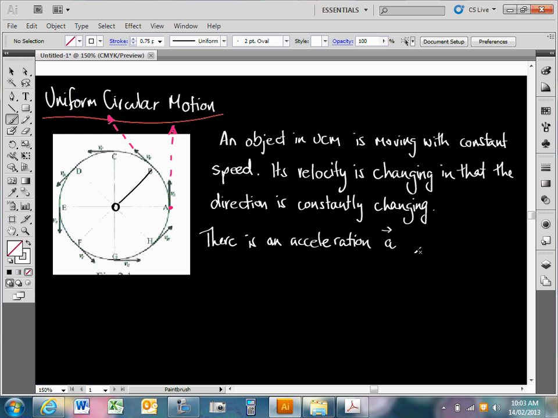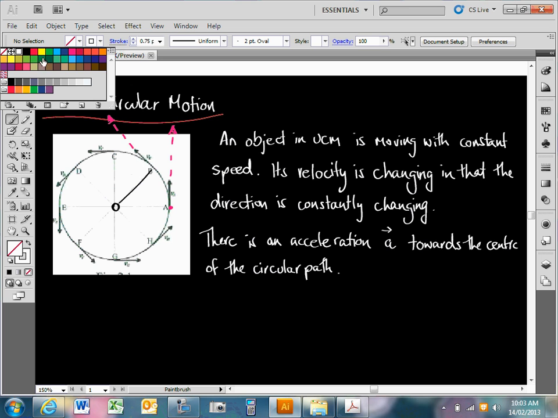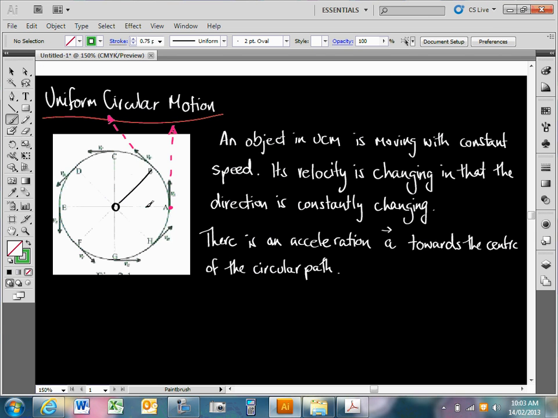Where is that acceleration toward? Yeah, towards the center. Towards the center of the circular path. So I'll draw that in now, in green, so it should be reasonably easy to see. Arbitrary length.